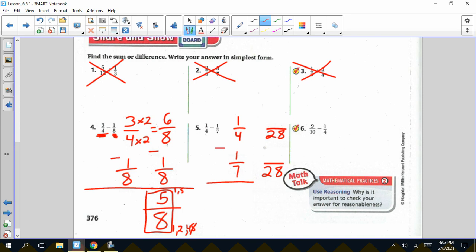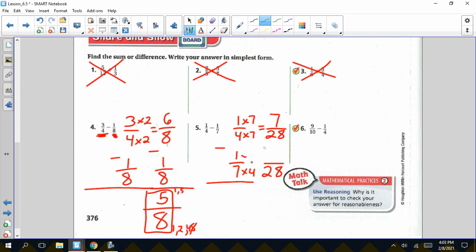So back to question number 5 here. Our common denominator is 28. We're going to take 4 times 7 to get that 28. And whatever I do to the bottom, I must do to the top. So we're going to do 1 times 7, which is 7. Then I'm going to take 7 times 4 to get 28.